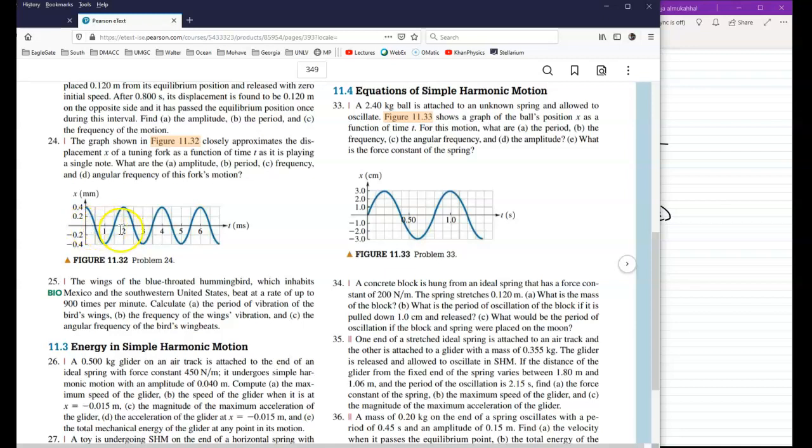So from 0 to 2, basically 2 milliseconds. That's the period. You can go from peak to peak from 2 milli to 4 milli. Well, 4 minus 2 is 2 milliseconds, same thing. Or from trough to trough, from 3 to 5. 5 minus 3, 2 milliseconds, and so on.